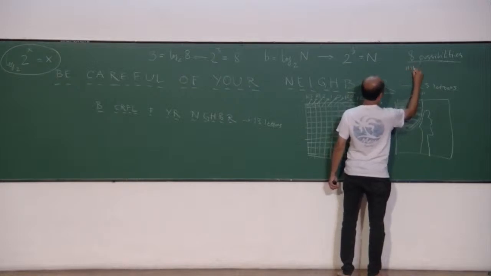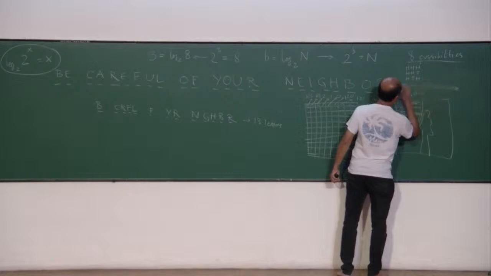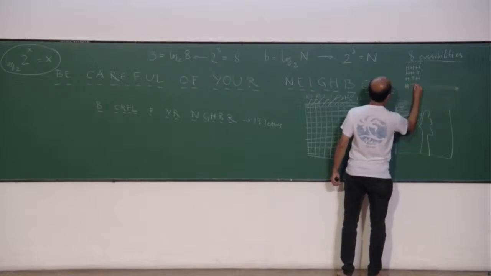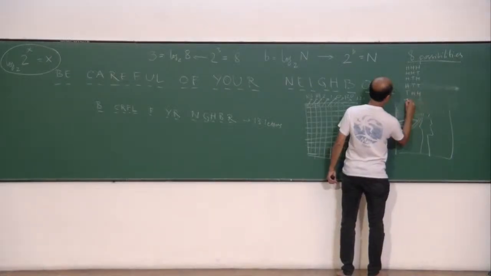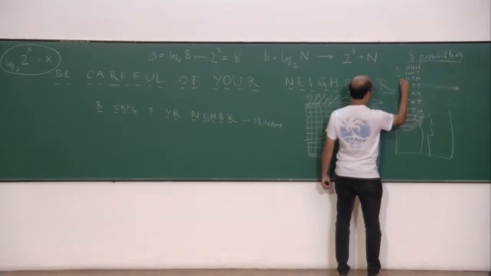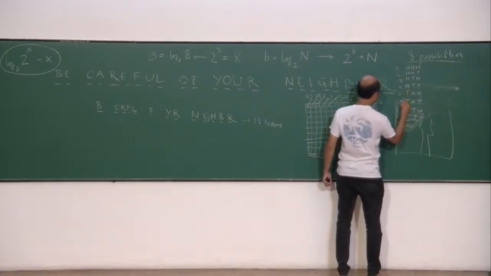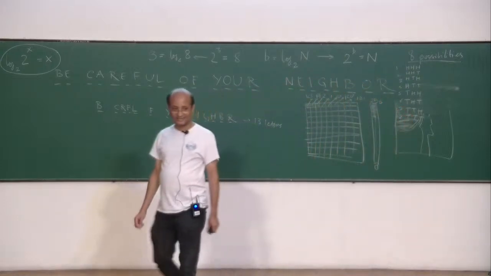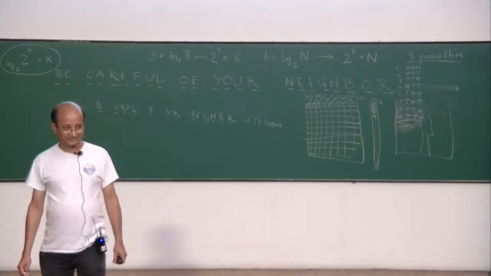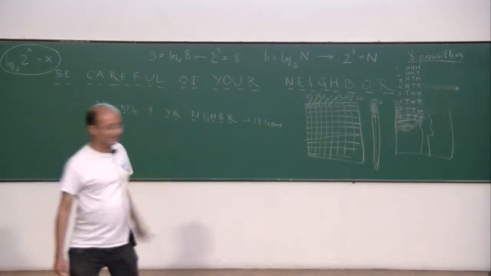It could be head, head, head; head, head, tail; head, tail, head; head, tail, tail; tail, head, head; tail, head, tail; tail, tail, head; and tail, tail, tail. So 1, 2, 3, 4, 5, 6, 7, 8: 8 possibilities. How many yes-no questions do I need to find which of these has occurred? 3, right?